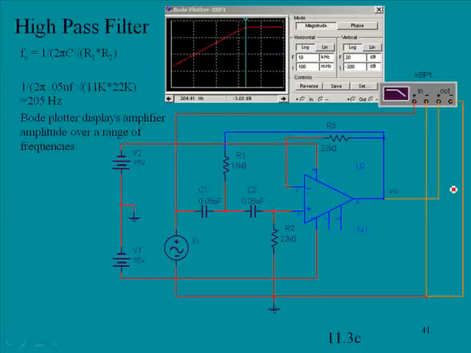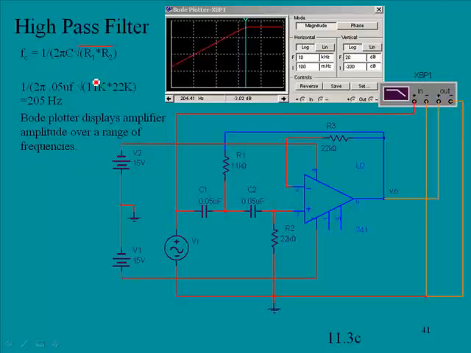Now here, this is a simulation from your Multisim package, and this is a high-pass filter. So let's look at this. Why don't we start, we'll look at the calculation of what frequencies are actually being passed. So here we have the critical frequency formula, and if we plugged in these numbers, and the numbers we're going to be using here, there's the 0.05 microfarad capacitor, and the 11K and the 22K ohm resistors.